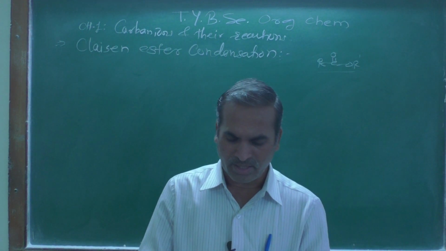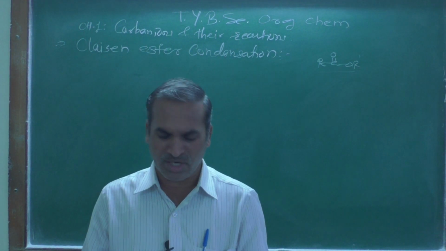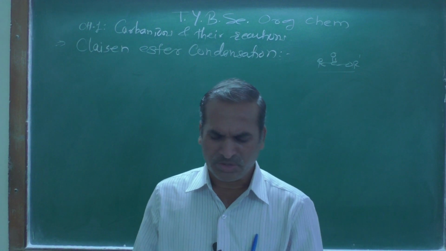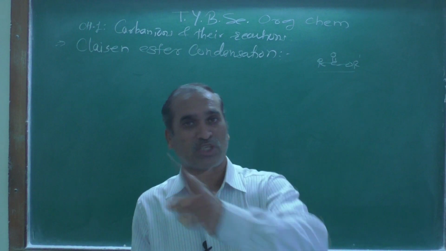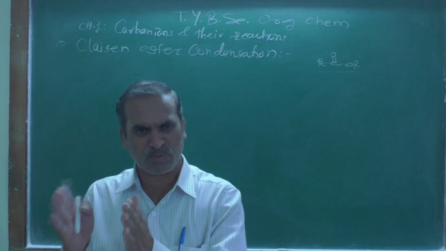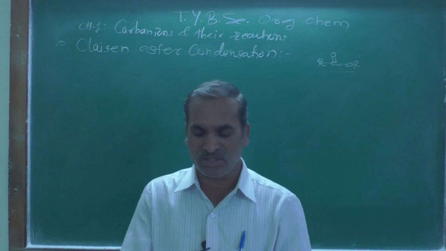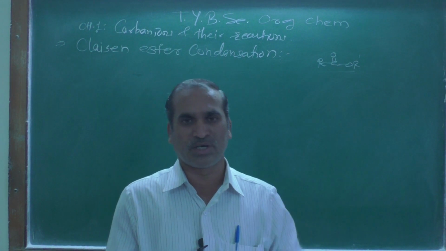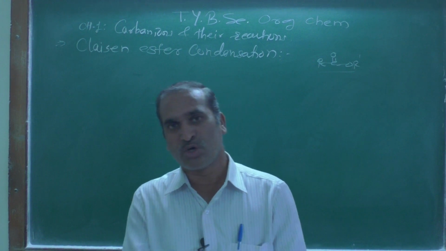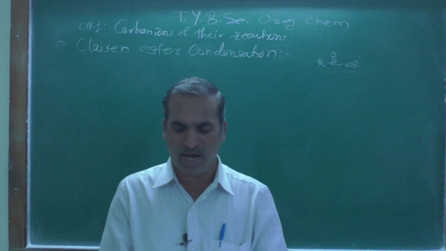And the Claisen ester condensation is a general method of synthesizing beta keto esters. This is a special method for synthesizing the beta keto ester, starting from an ester having at least 2 alpha hydrogen atoms.